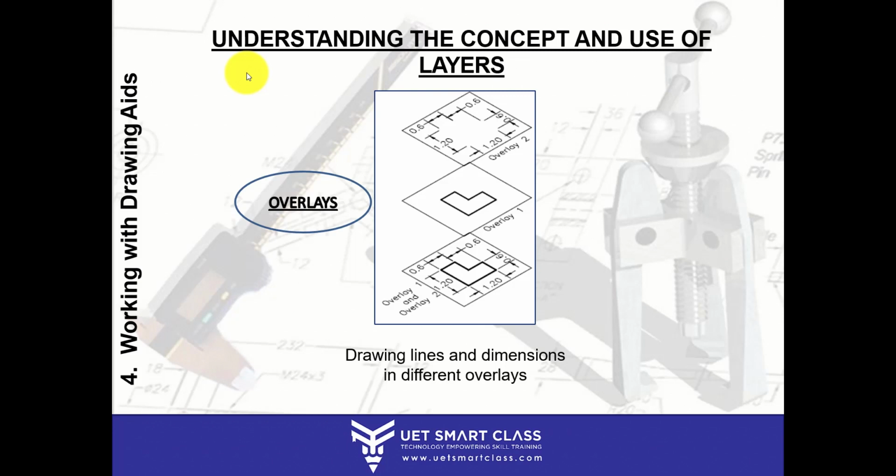Now, before going further into the topic, I want to give you an example. In real life, when you draft or draw something on paper, I would say a cartridge sheet or an ivory sheet, of any size, A4, A3, A2, A1. Architect students may be using A1 as well. Mechanical students also use A4, A2, A1.